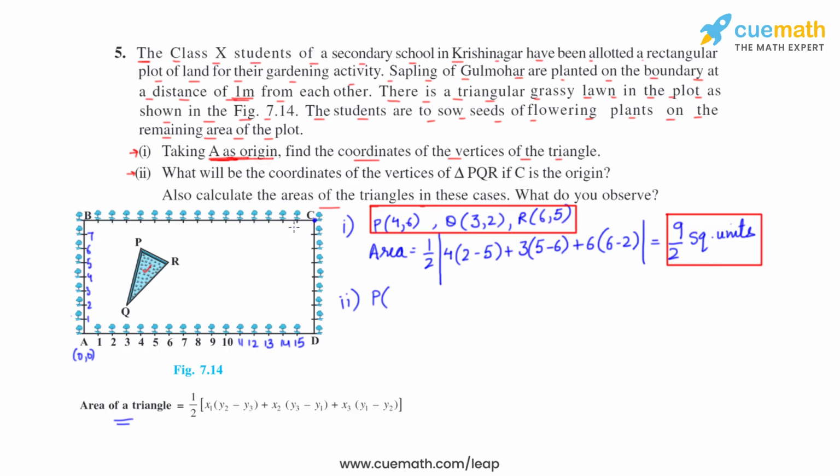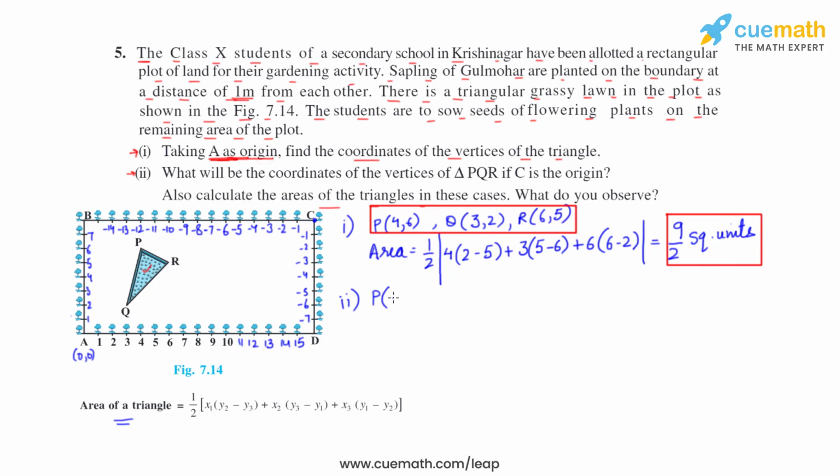So this will be minus 1, minus 2, minus 3, up to minus 14, and this will be minus 1, minus 2, up to minus 7. These all will be with respect to C, when C is origin.